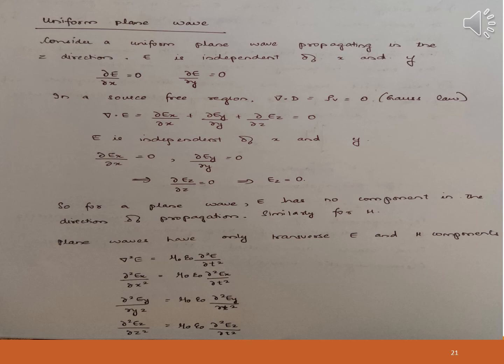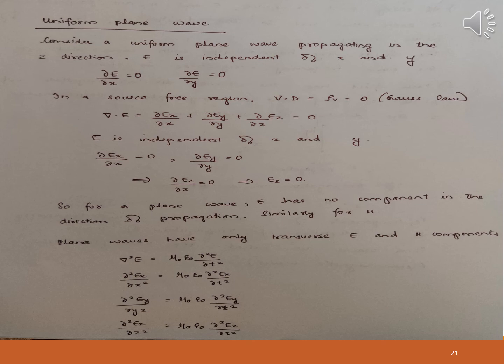Now, another equation: this is the wave equation derived from Maxwell's equation for free space. If you remember, del square E is equal to mu 0 epsilon 0 dou square E by dou t square. If you have forgotten, just look back at the initial portion, at the beginning of this lecture, where we derived wave equations for electromagnetic waves from Maxwell's equation. And when we considered the free space medium, this was the equation that we derived.